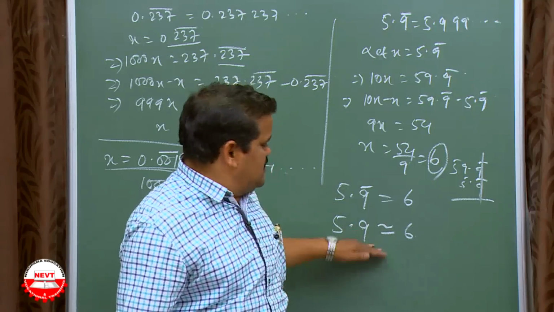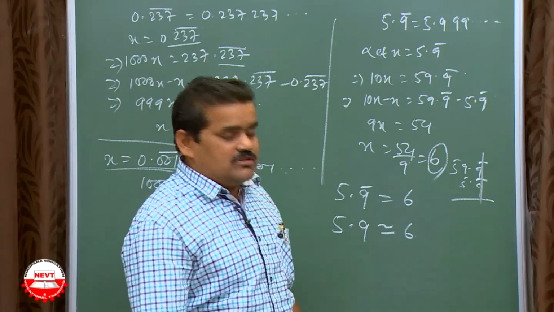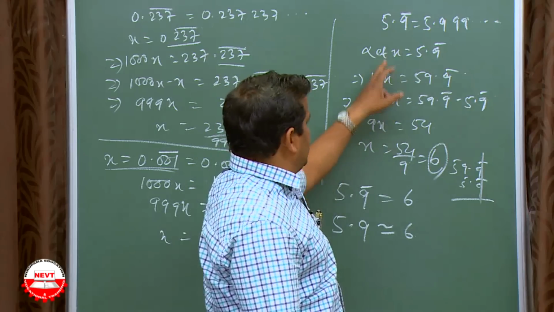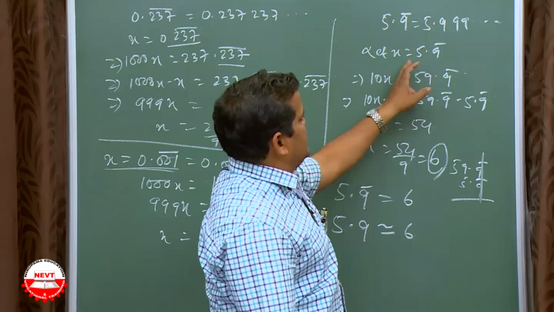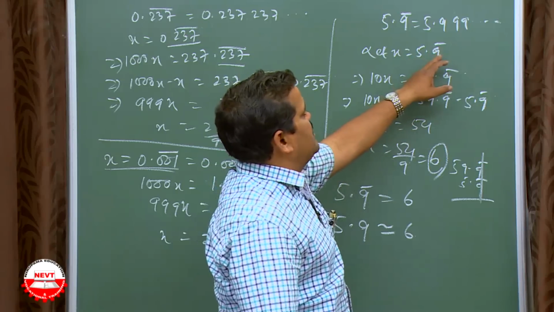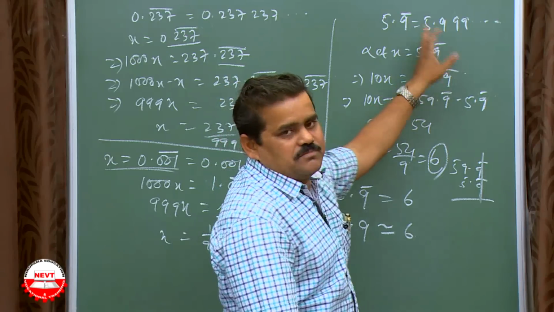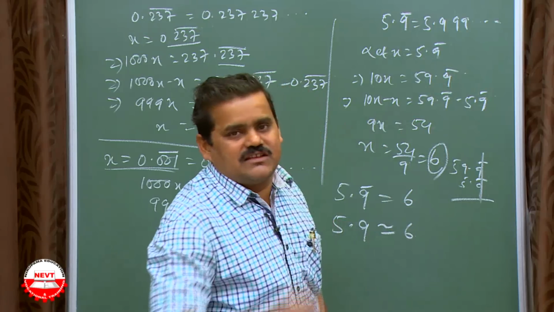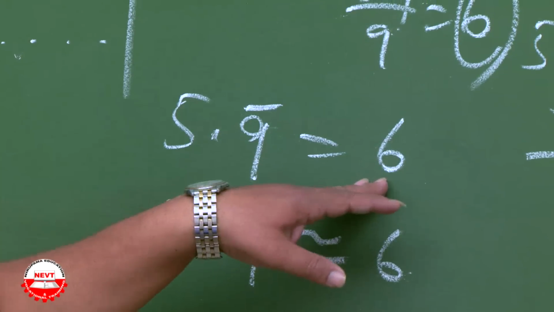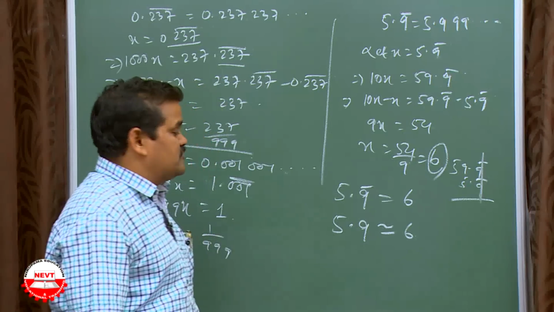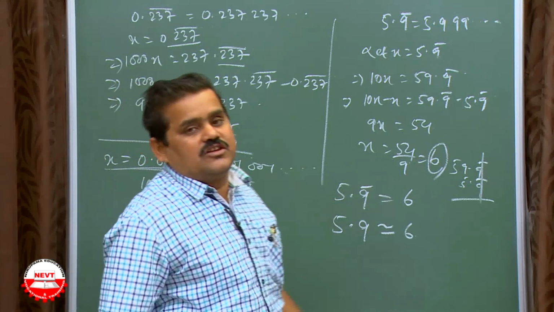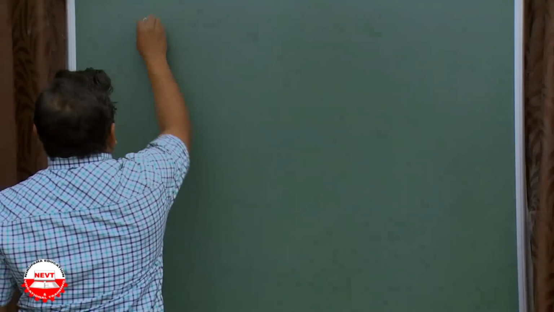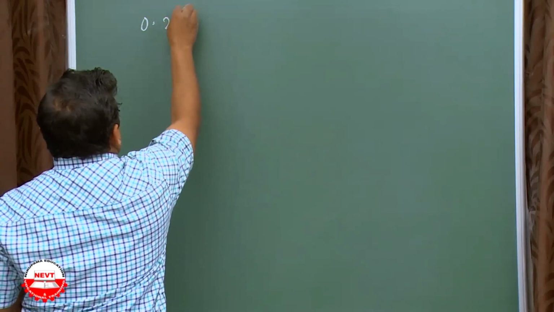That means it is nearly equal to 6. So how do we get 6 here? Because in the 10x part we shift one 9 to this side. If 9 bar is an infinite number of 9s, then here 9 bar is just one less than that. Therefore we get 6. But it is not actually equal to 6, it is approximately or nearly equal to 6. Is it okay? Let's say 0.23 with only the 3 bar.